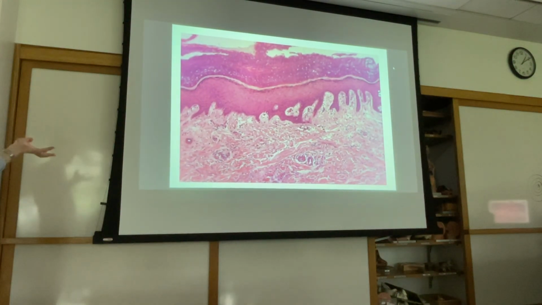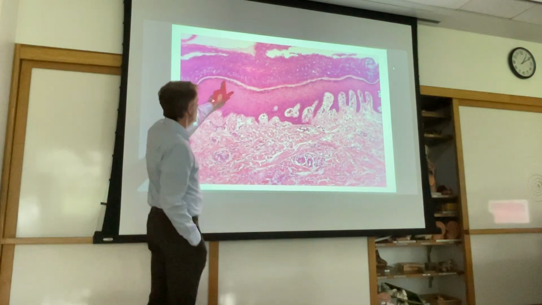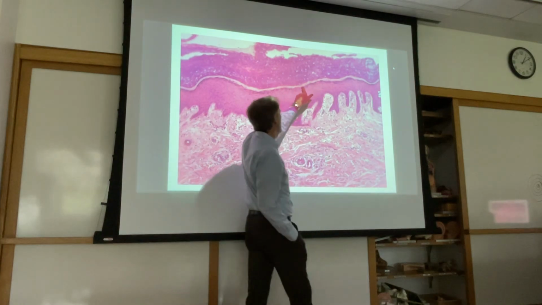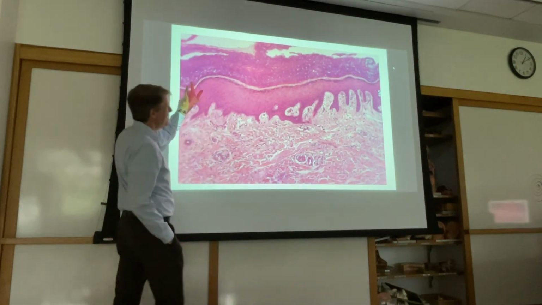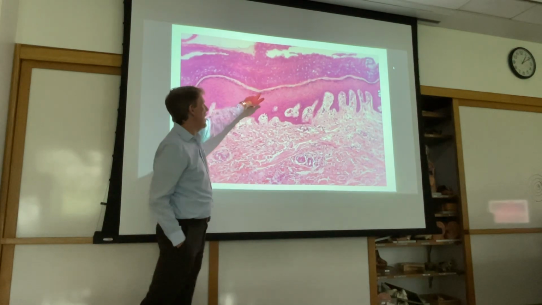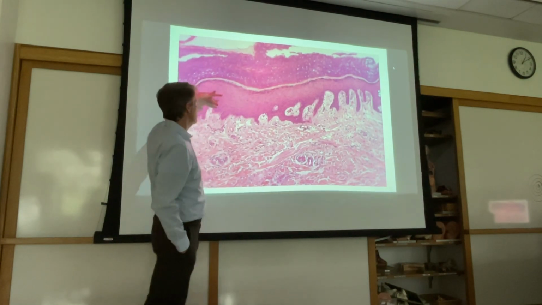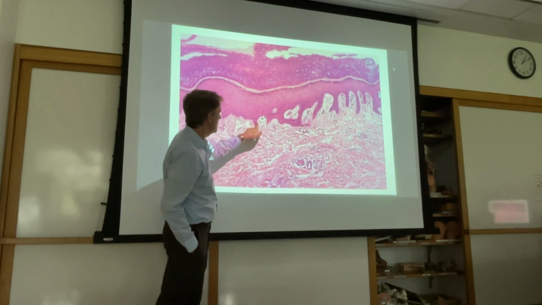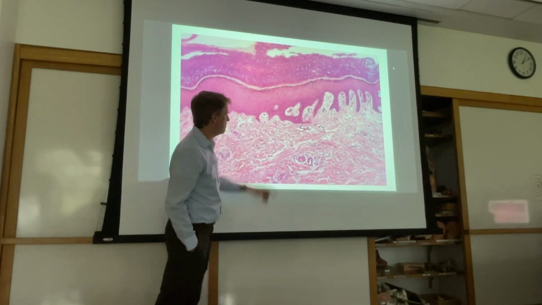So that should be another tip-off. Then as you go below it, where it's kind of darker purple here, that's the stratum granulosum right there. Again, it's sort of subtle, but if you squint, you can see how it's a little bit darker purple in that area. Then in here, that would be the stratum spinosum. And then this last layer that sits right next to the dermis, that would be the stratum basale.